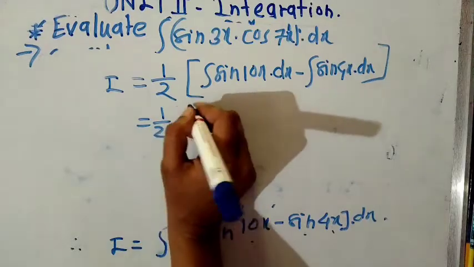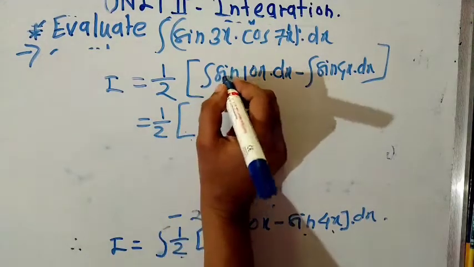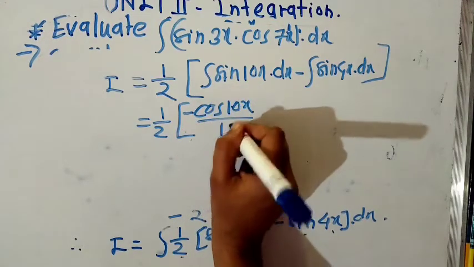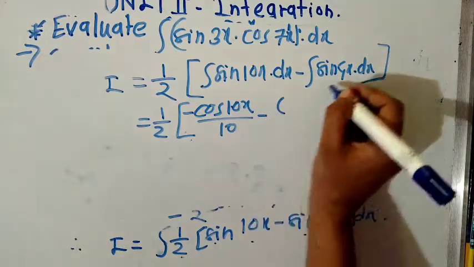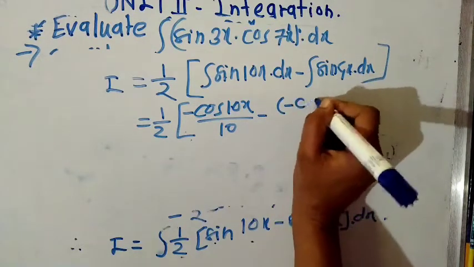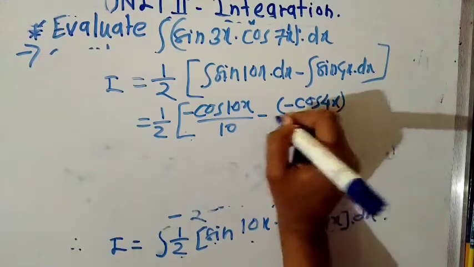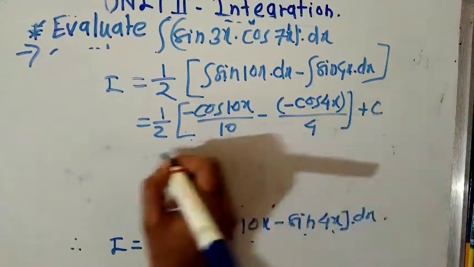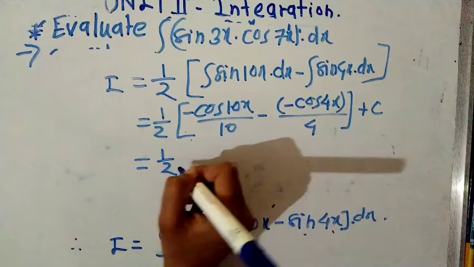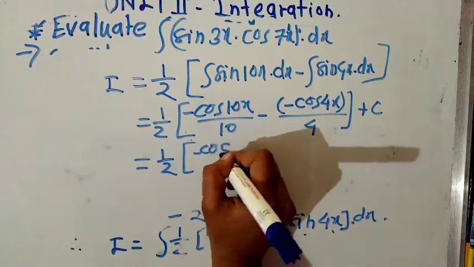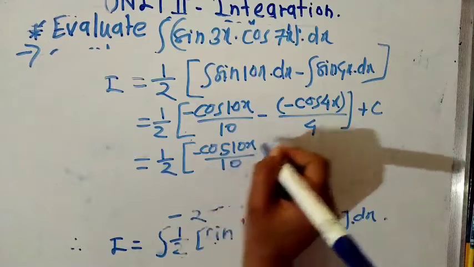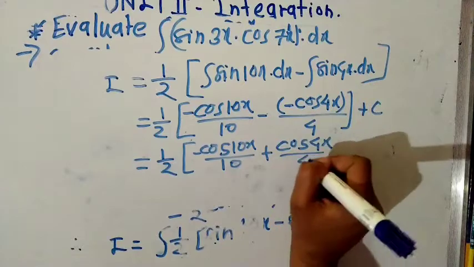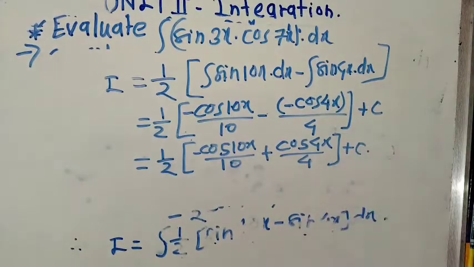This is equal to 1 by 2, but integration of sin is minus cos, so minus cos 10x upon 10 minus, integration of sin is minus cos 4x upon 4, plus c. Which is equal to 1 by 2 into minus cos 10x upon 10 plus cos 4x upon 4 plus c.